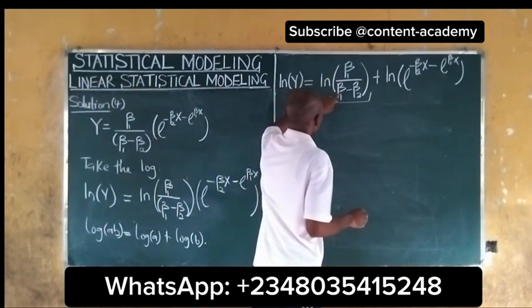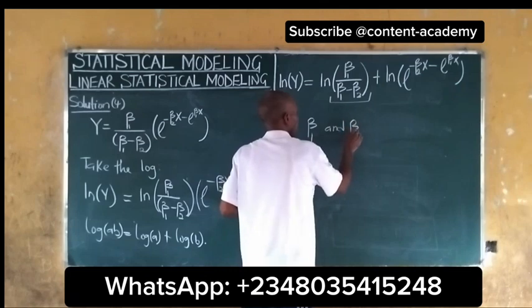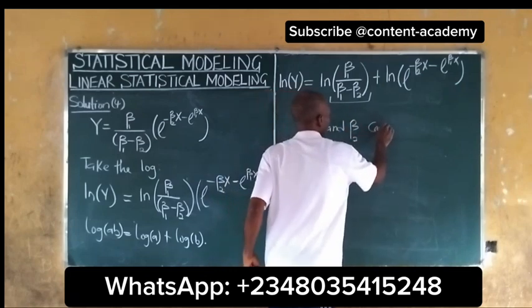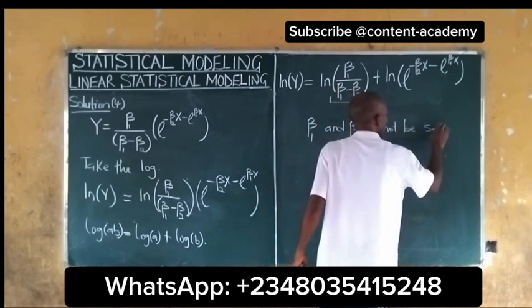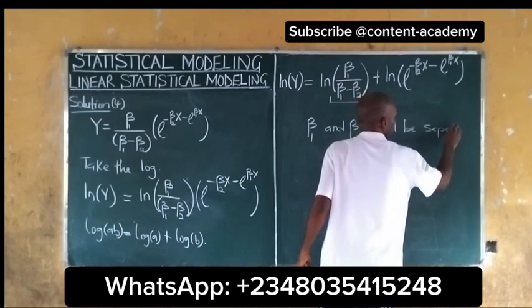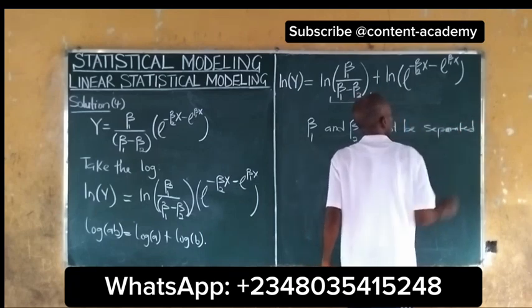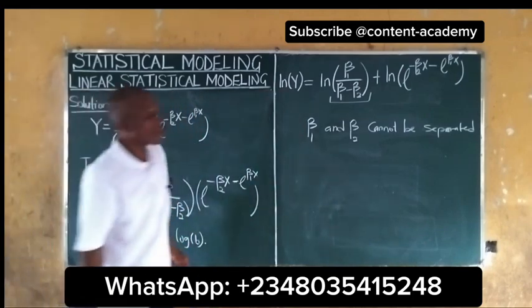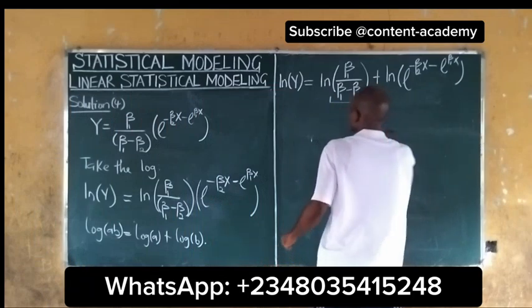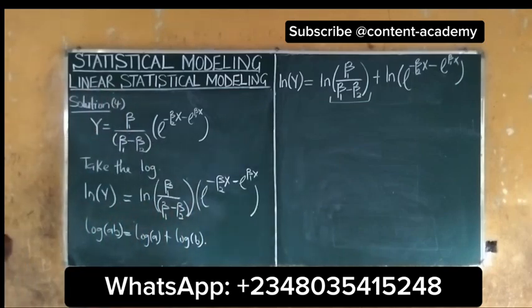The parameters b1 and b2 cannot be separated. So, because of parameter coupling, there is no way we can transform this model into a simpler linear relationship between x and y.